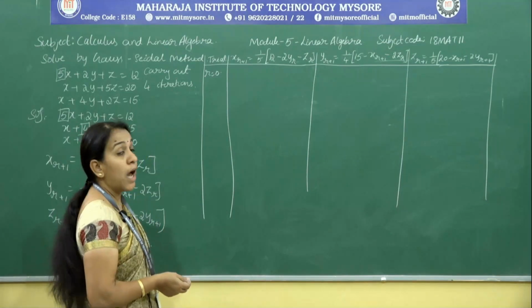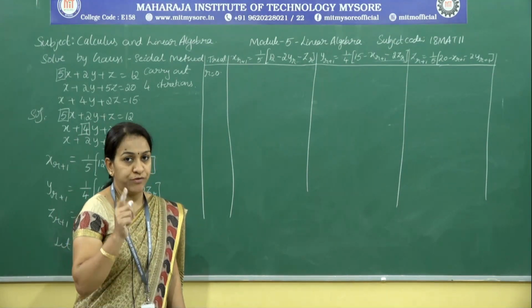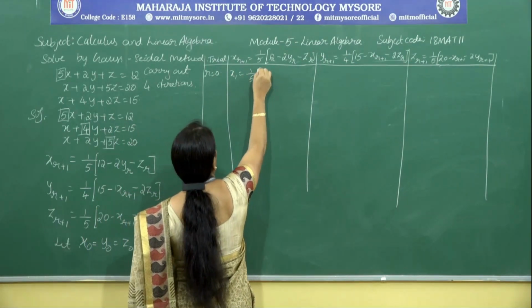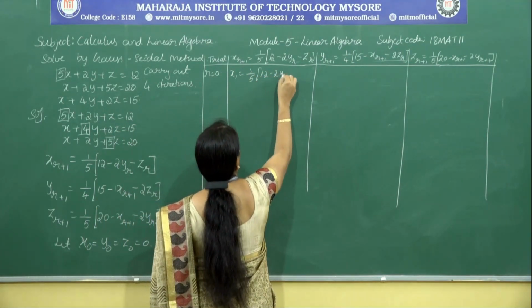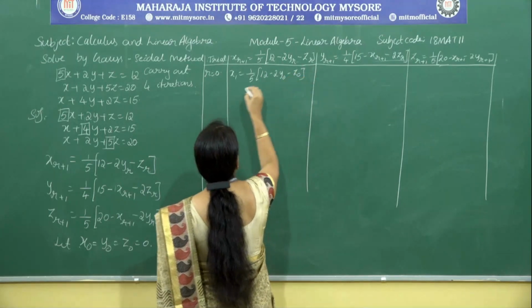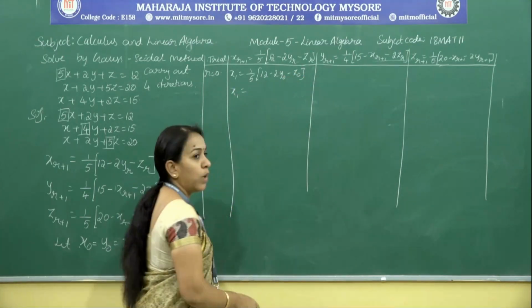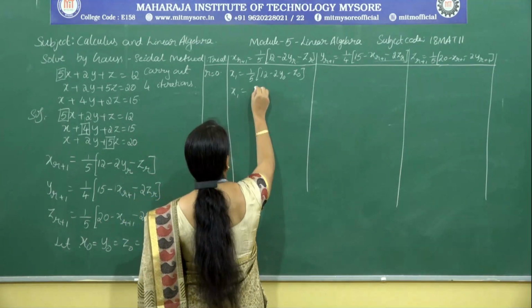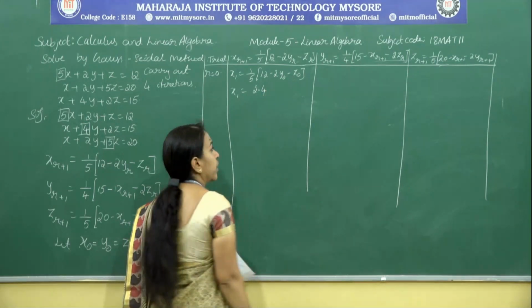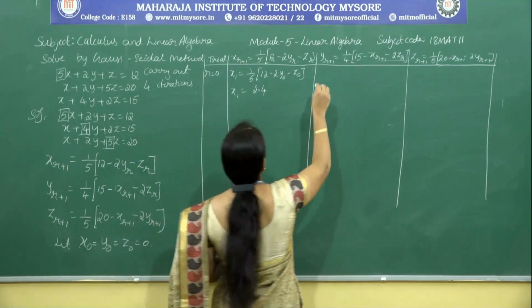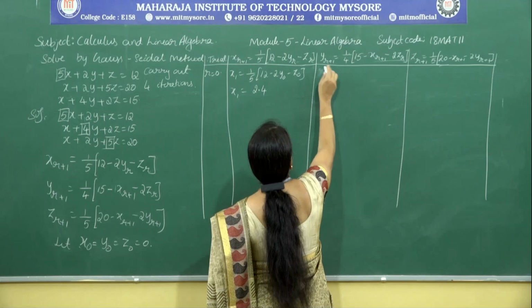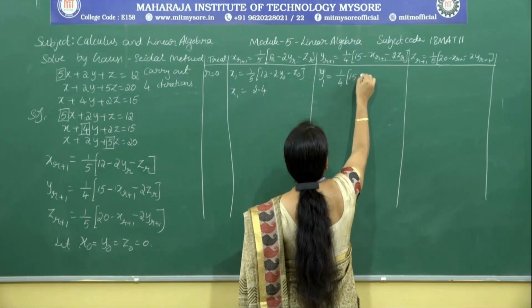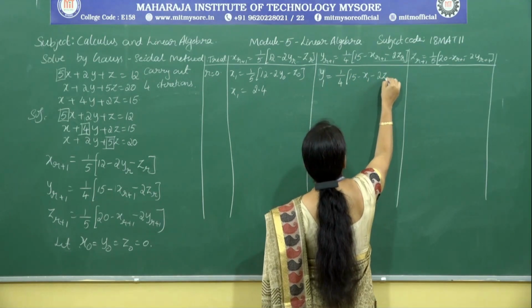Okay. So if I substitute r equal to 0 for the first trial, I will get the x1 value as 1 by 5 into 12 minus 2 times y0 minus z0, and if I calculate by substituting the y0 and z0 values as 0, your result will be 2.4. Similarly, y1 is 1 by 4 into 15 minus x1 minus 2 times z0.